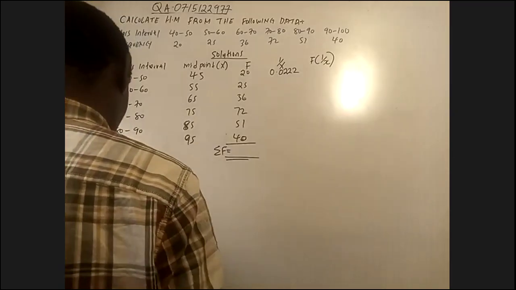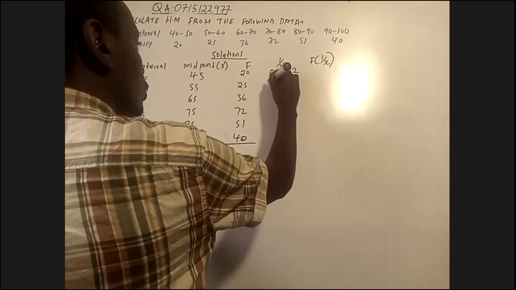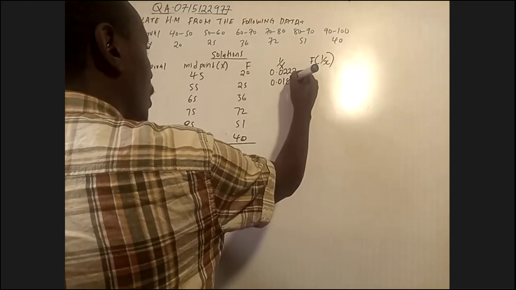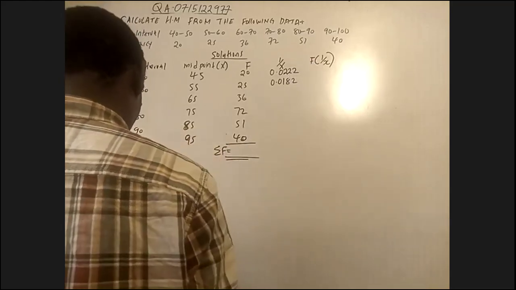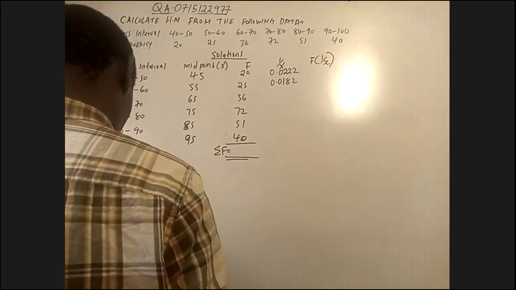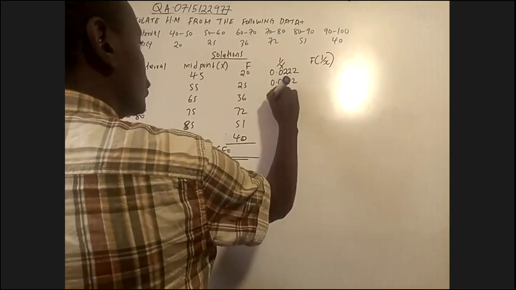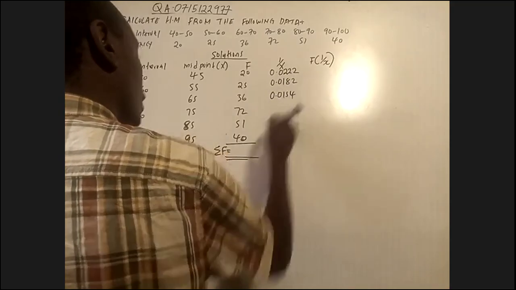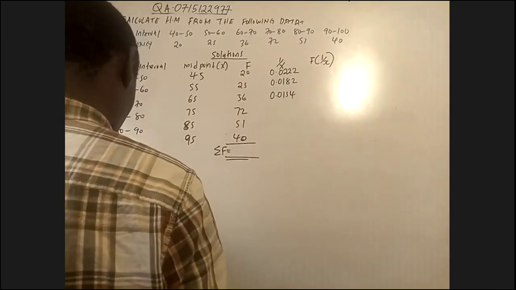Divided by 55 is 0.0182. Divided by 65 is 0.0154.